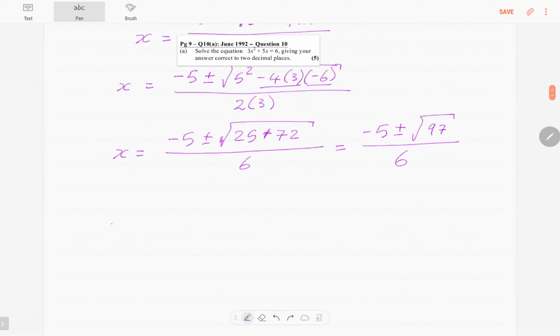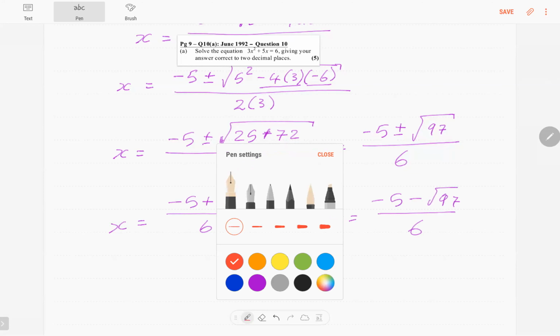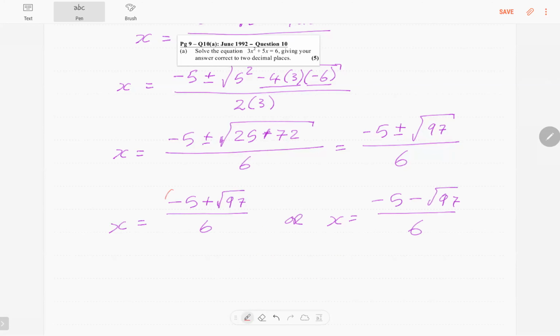So x equals minus 5 plus the square root of 97 over 6, or x equals minus 5 minus the square root of 97 over 6. And what you want to do with this now, make sure you work out the entire numerator first before you divide. Work out the entire numerator before you divide by the 6.